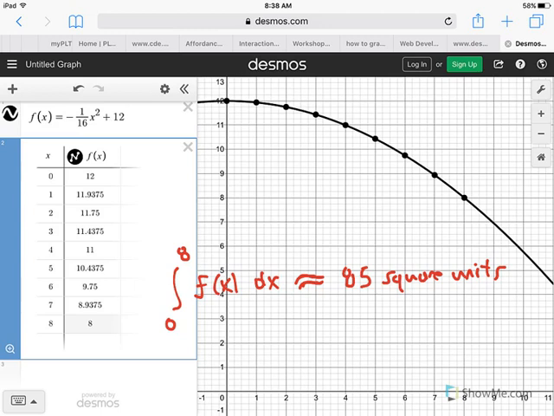So the actual area is under the graph of f of x, above the horizontal axis between x is equal to 0 and x is equal to 8. And for that actual area, we're using the areas of 4 trapezoids to approximate it. So for each trapezoid, you have to think about, is there some overestimation of the actual area or underestimation of the actual area?